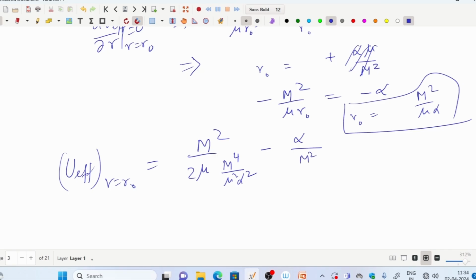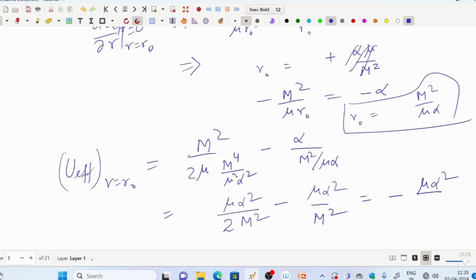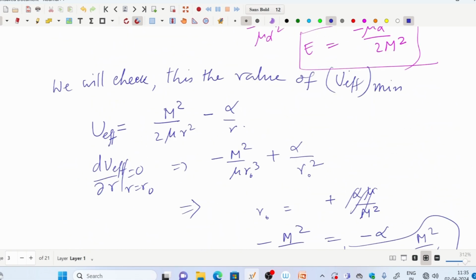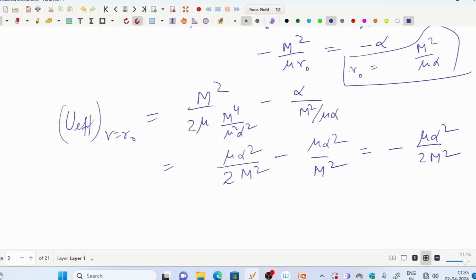This gives mu alpha square by 2 m square, and minus mu alpha square by m square from the second term. So, you can immediately find it is minus mu alpha square by 2 m square, which is exactly the same value for which the eccentricity becomes 0.